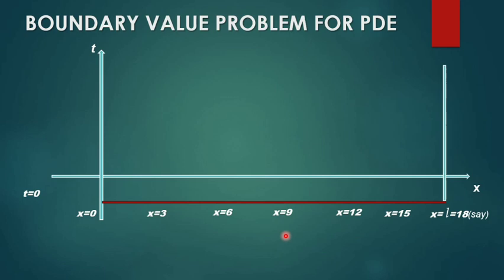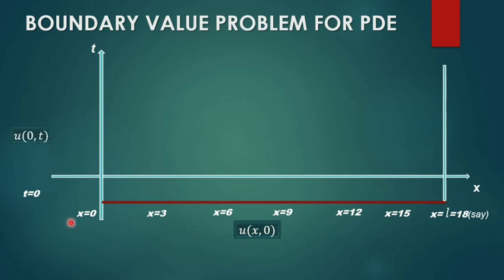So you are given u of x comma 0, that is the initial value for u when t is equal to 0, and at x equal to any value in between 0 and 18.